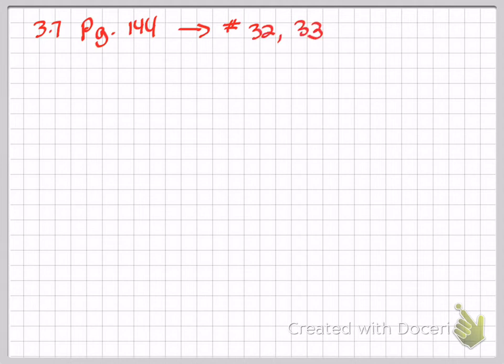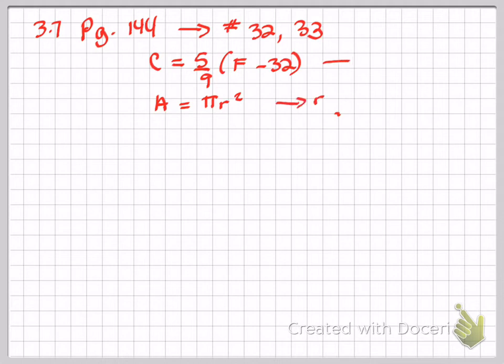What I mean by this is being able to solve when given C equals 5/9 F minus 32, being able to solve for F. Solving for a variable. Another example would be A equals pi R squared, being able to solve for R. I guess it should be a capital F.